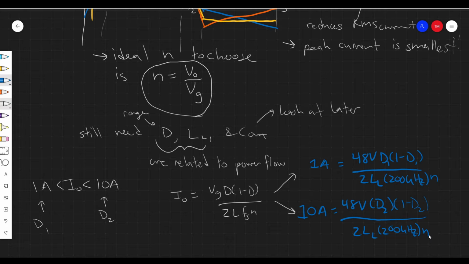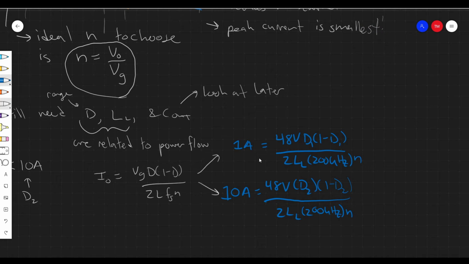So here we have two equations and three unknowns, right? So we're kind of stuck here a little bit, and we have to do some thinking to get ourselves out of it.